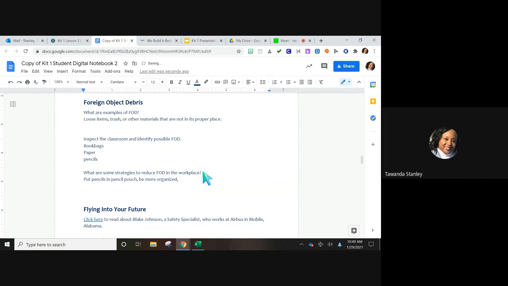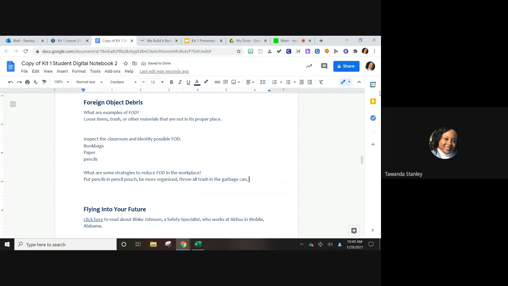What else? Any in-class students got anything that we could possibly put? Miss Donald? Okay, throw all trash in the garbage can. Anything else y'all might want to add?